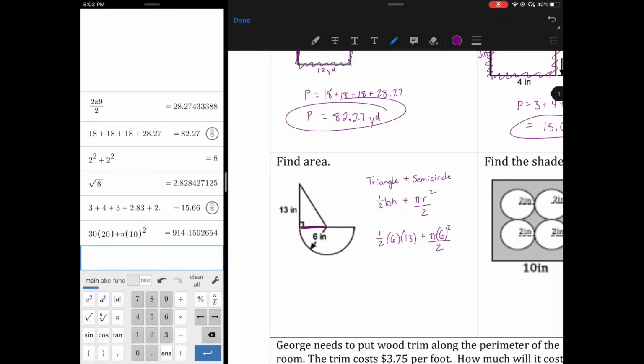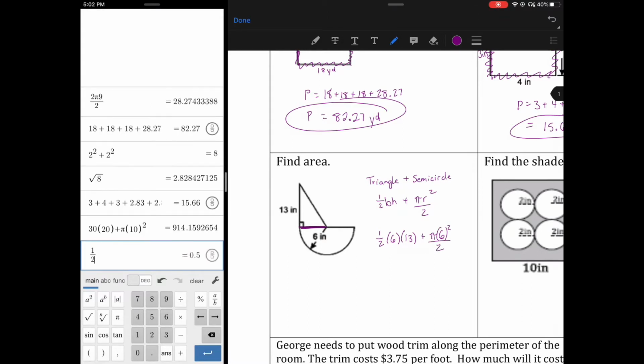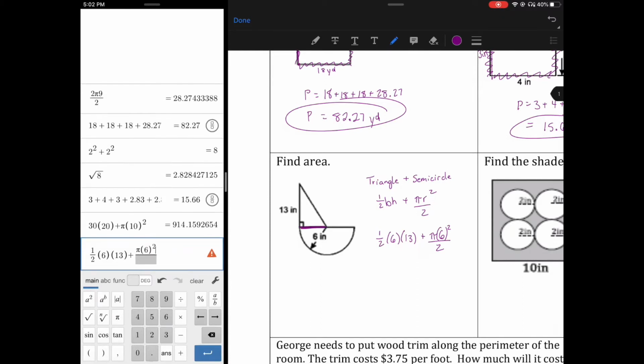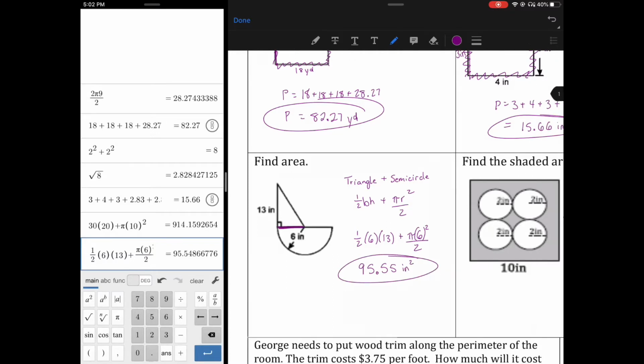So then I'll go over to Desmos, and I'll type in that whole thing. 1/2 times 6 times 13 plus pi r squared divided by 2. And I find my area is 95.55 inches squared. Then I can move on to my next one.